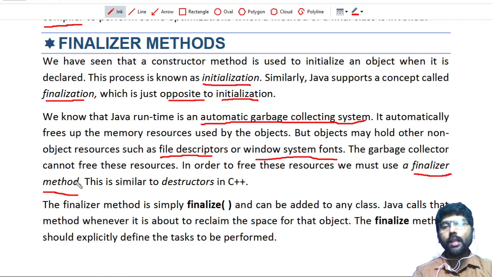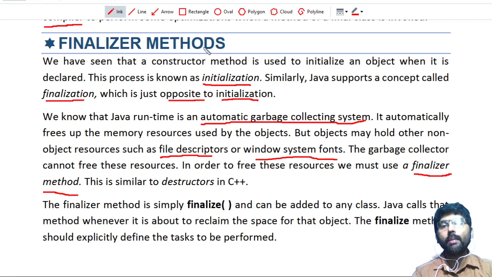In that finalizer method, we have to provide some statements or code which will release this file descriptor or Windows system fonts, or maybe your database connection, network connection, such non-object resources will be released.